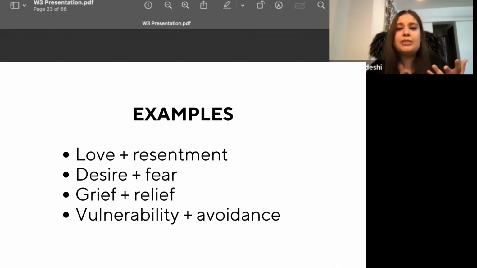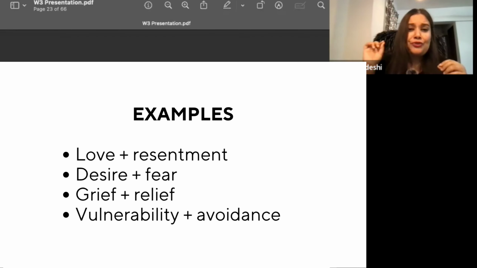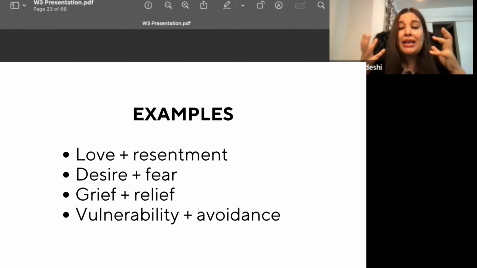Someone may crave intimacy but completely fear dependence. They can deeply love someone while also resenting them. And just imagine if you're trying to weave this into a story, it's going to give you such good, amazing emotional connect for the reader. They may want success while fearing visibility.